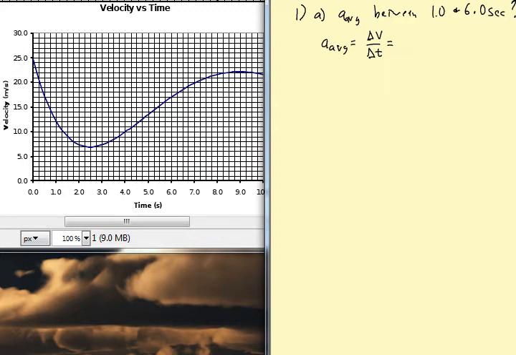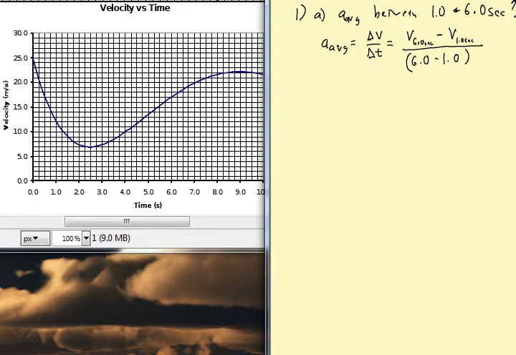So we have our velocity at 6.0 seconds minus our velocity at 1.0 seconds, right? Because our velocity at the end of this stretch of time minus our velocity at the beginning is going to give our change in velocity, and then our delta t, which is just 6.0 minus 1.0. That's our change in time in seconds. Okay, so that's easy enough.